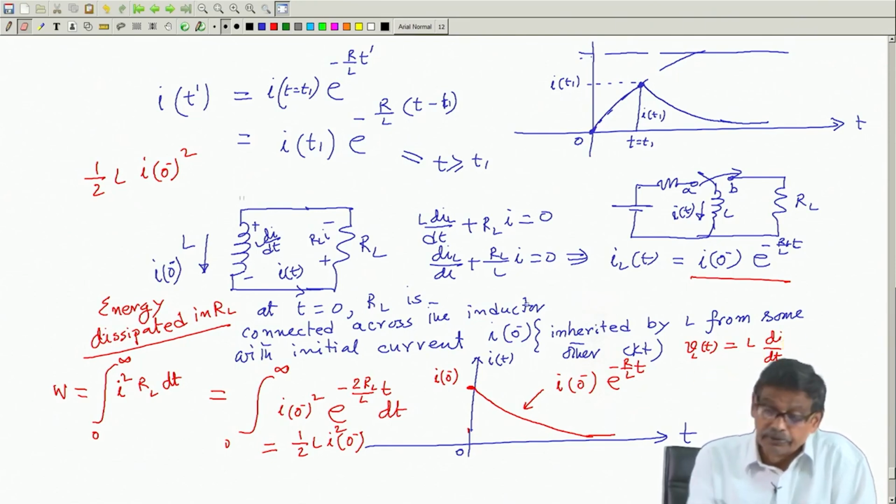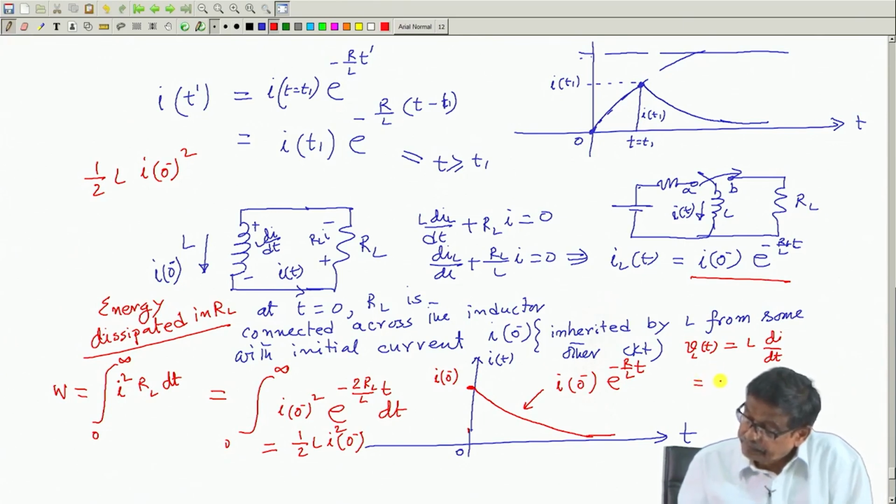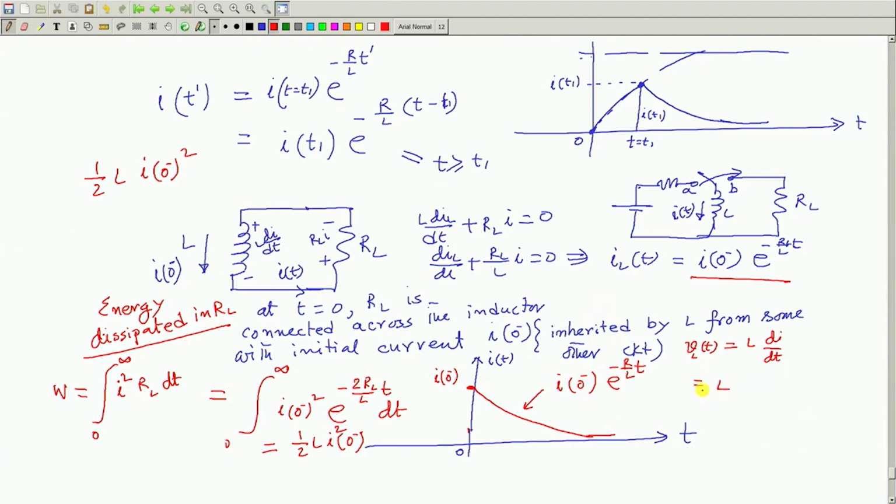This will be equal to L, and i is this one. So, it will be minus R_L by L into I(0-), the differentiation of this one, I(0-) is constant, into e to the power minus R_L by L into t, which will be equal to minus R_L into I(0-) into e to the power minus R_L by L into t.